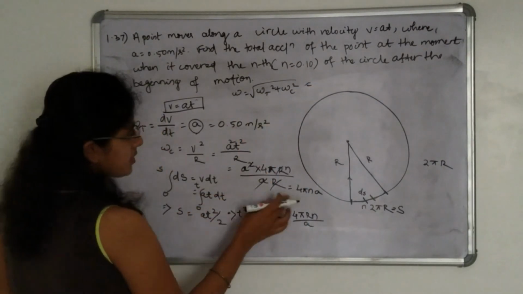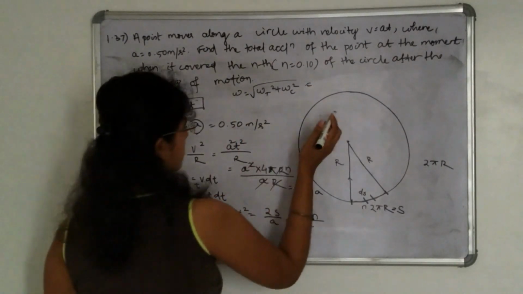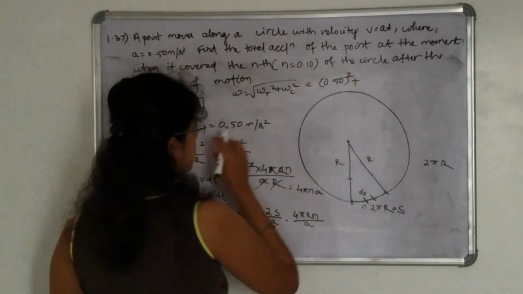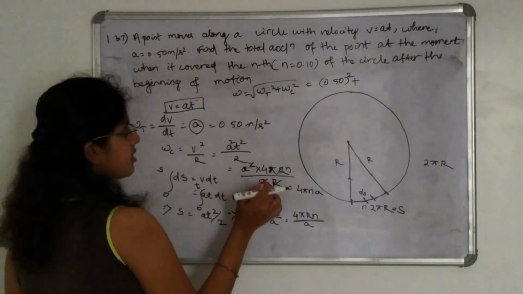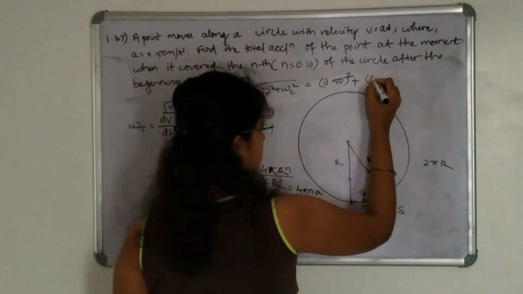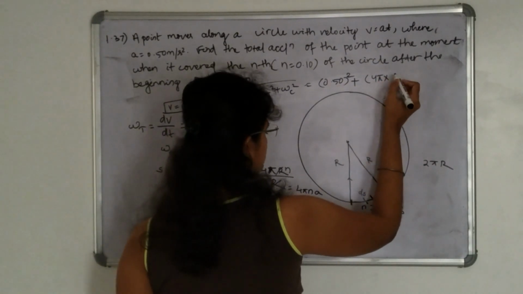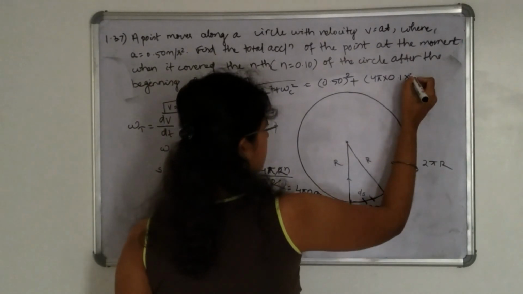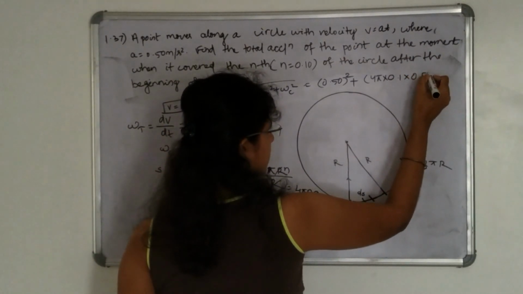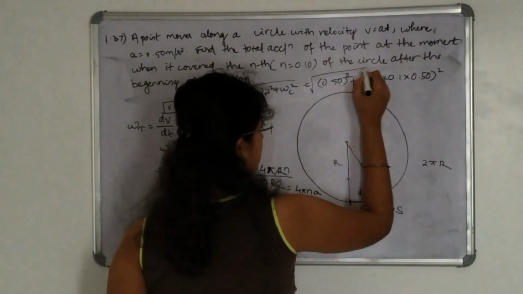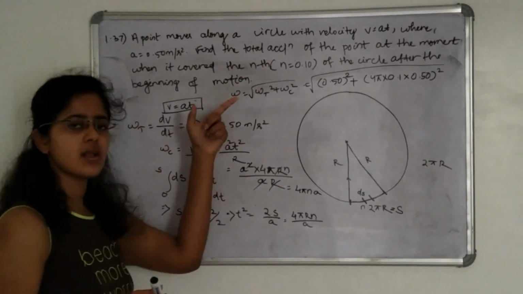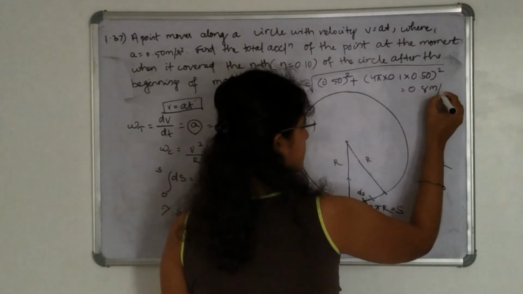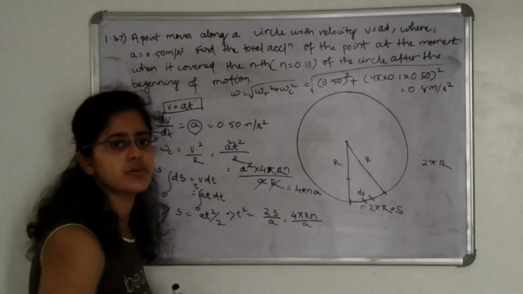So this will be root over of first 0.50 whole square, that is tangential acceleration squared, plus normal acceleration squared, means 4 pi into n, n is given 0.1, into a is given 0.50, whole square. Simply solve this and you can get the final answer as approximately 0.8 meter per second square.